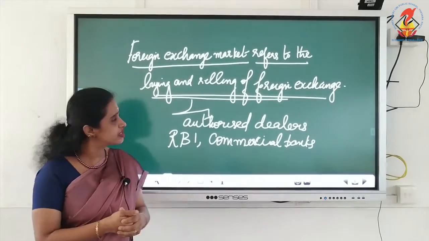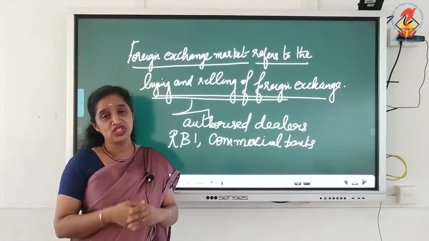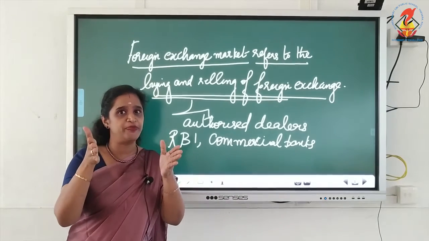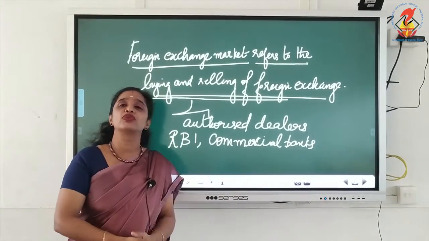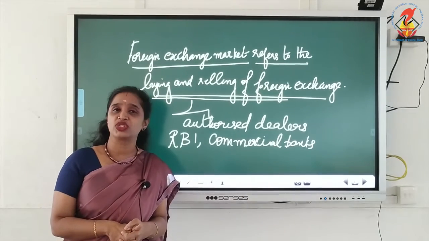So, these authorized dealers will be buying and selling the foreign exchange in the foreign exchange market. So, the place or the system in which the buying and selling process of the foreign exchange takes place is known as the foreign exchange market.